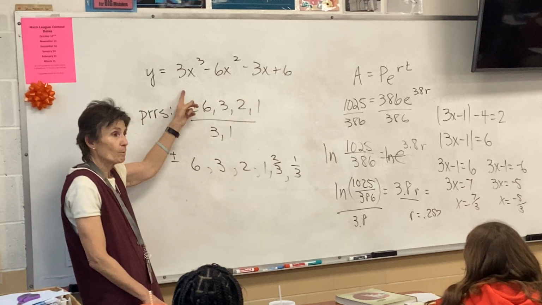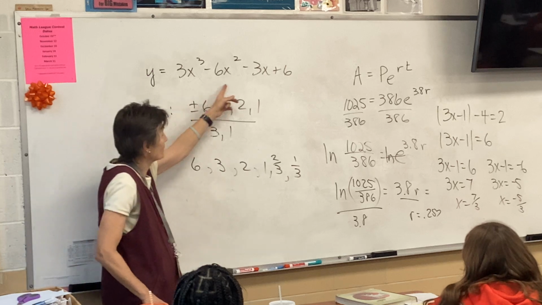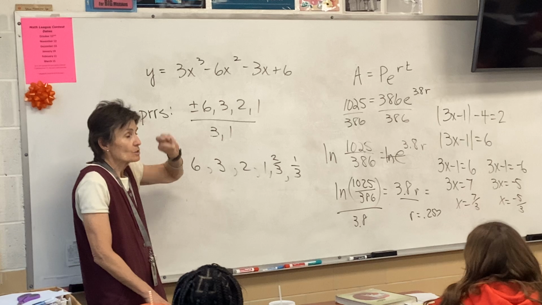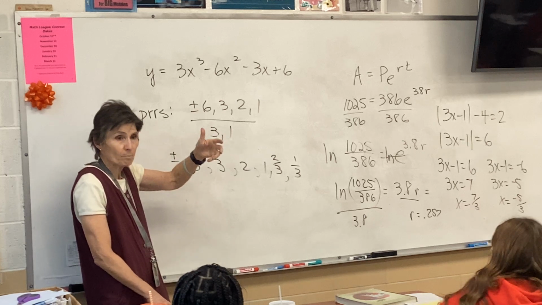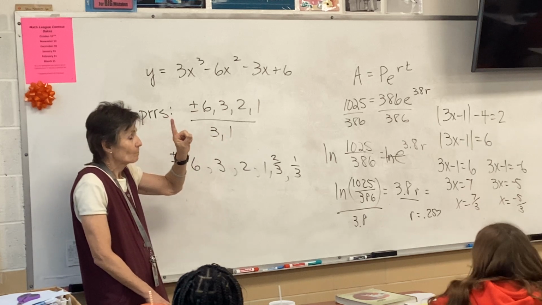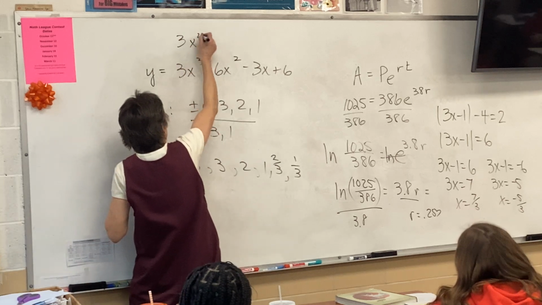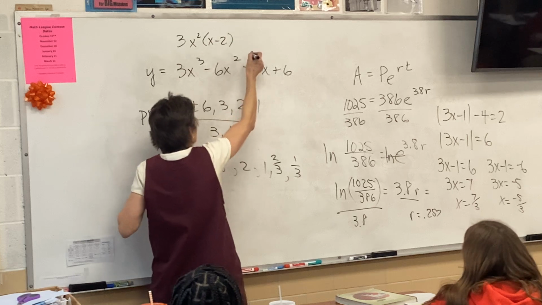This particular problem, I could tell when I wrote it down up here, factors by grouping. So if you want to factor by grouping, not everything does, but if you want to factor by grouping, you can also solve the problem that way.